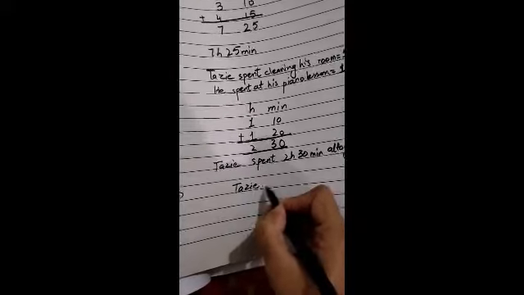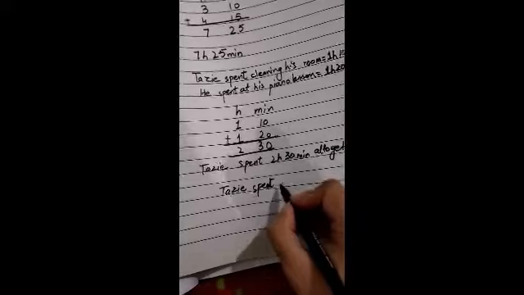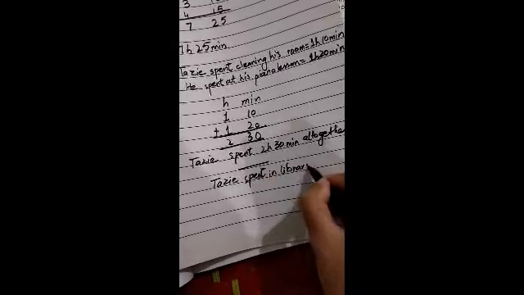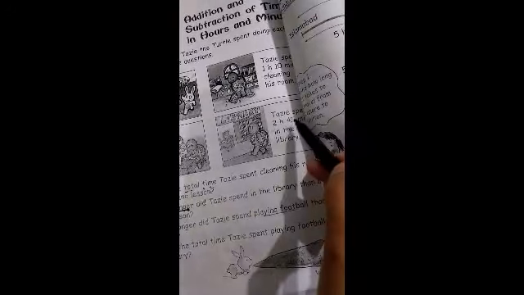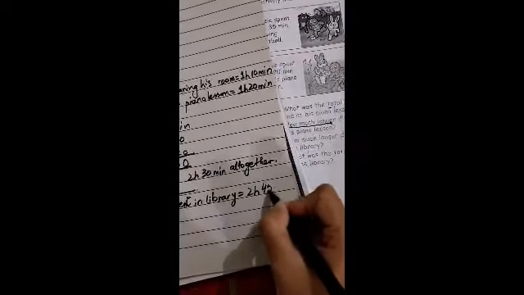You have to write the time. First, Daisy spent in the library 2 hours and 45 minutes.